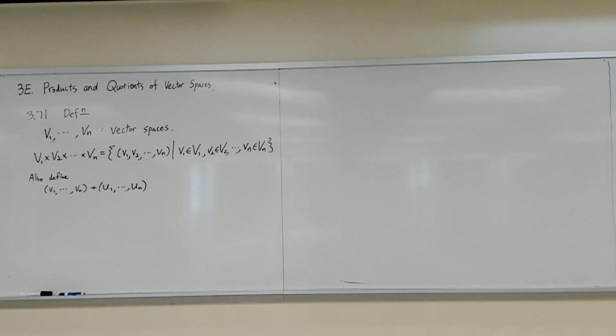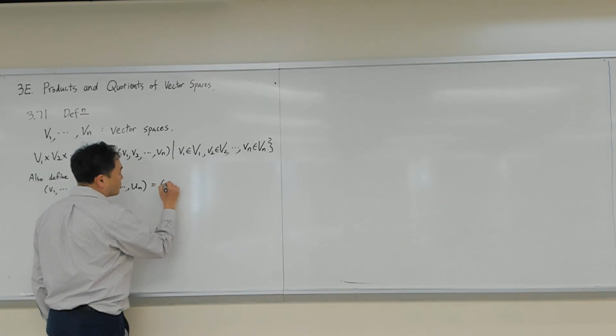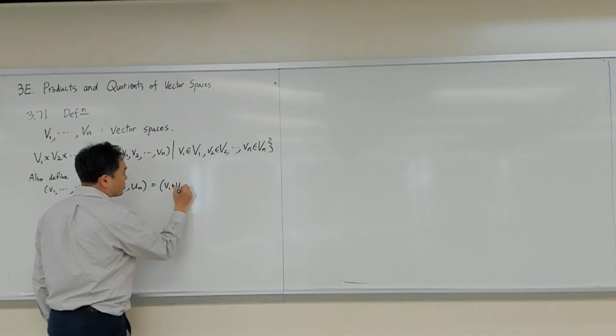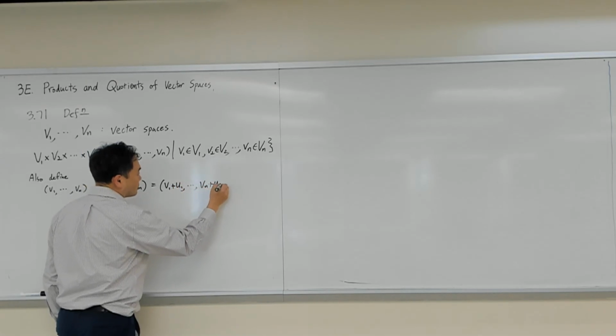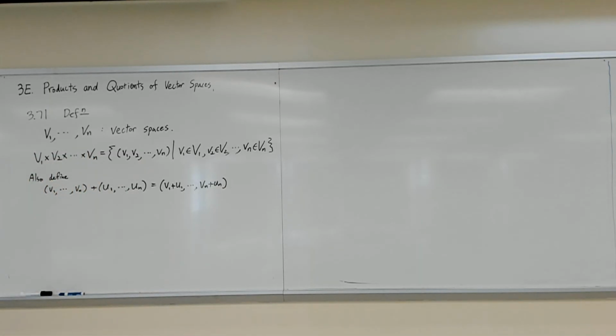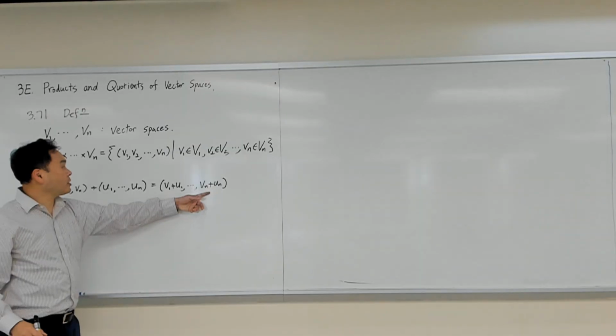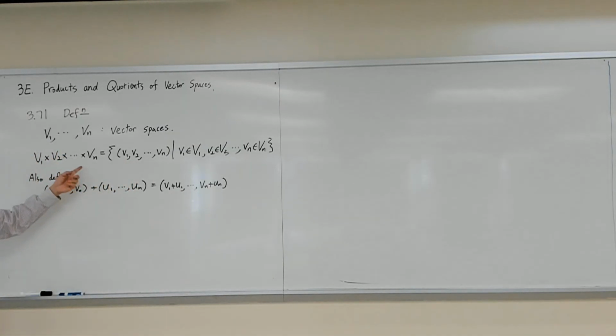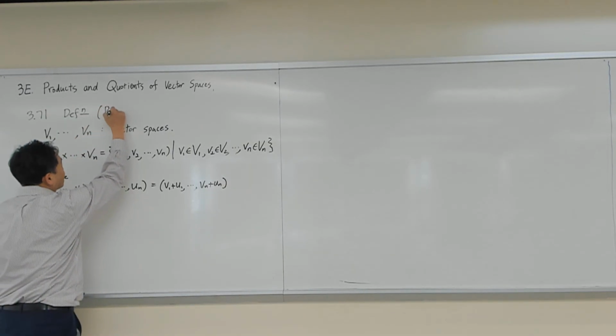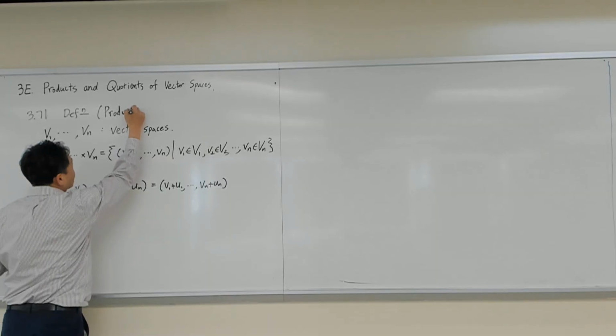If you have that, you define the sum as (v1 plus u1, ..., vn plus un). Then you see that this is again in the product space. So I should really have titled this product space.